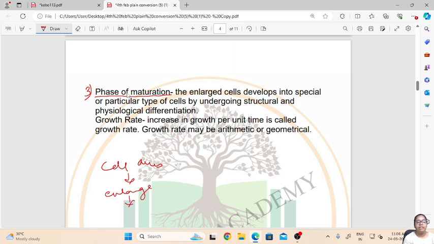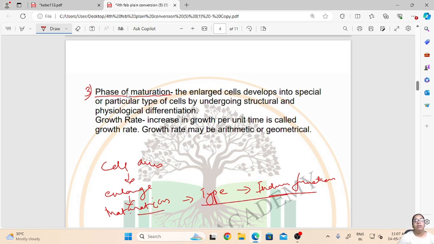Then in the third phase, that is maturation, the cells will be matured into their individual type, so that they can do their individual function. So these are the phases of growth in the plant, that is the formative phase, then the enlargement phase, and then the phase of maturation.